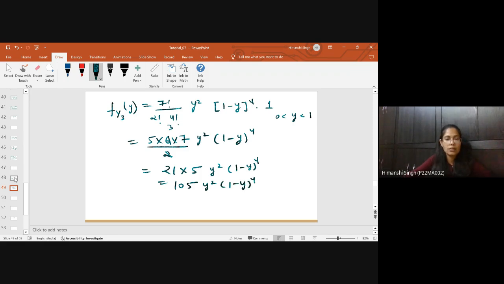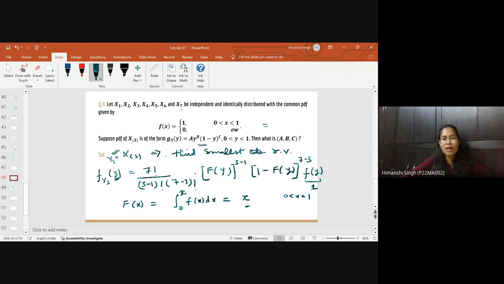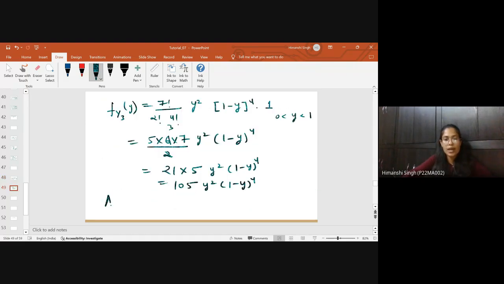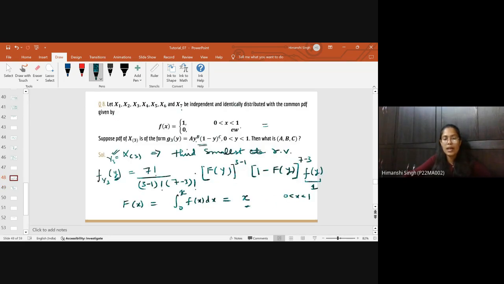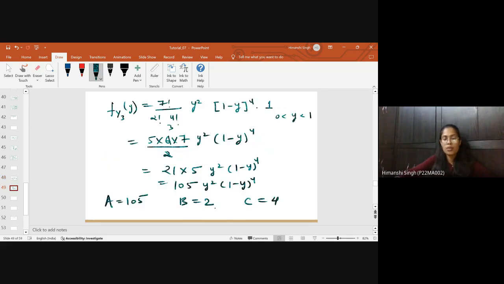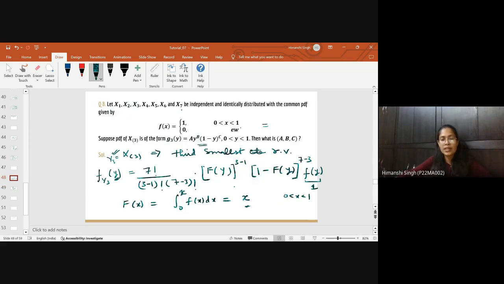So here we have this format. So here a will be 105. So a is 105, b is 2, and c is 4. b is the power of y, and c is the power of 1 minus y. So it is 2 and it is 4. So is that okay? This is directly from the expression for the marginal density.